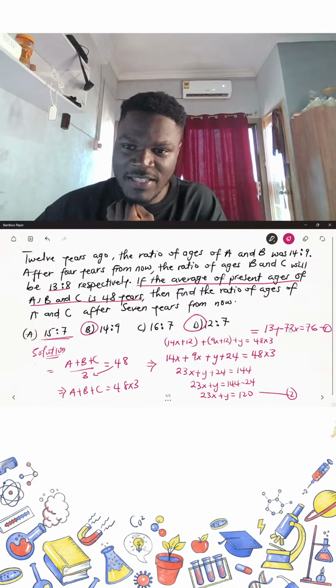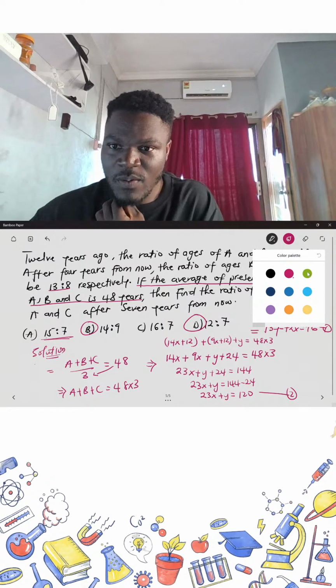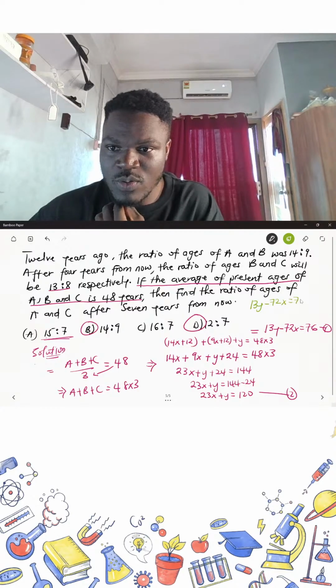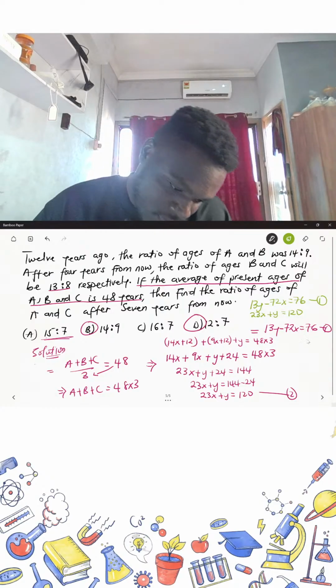So we have the first equation, let me rewrite that in a different color. We had the first equation, which is 13y minus 72x is equal to 76 as equation 1. And we now have the second equation, 23x plus y is equal to 120.